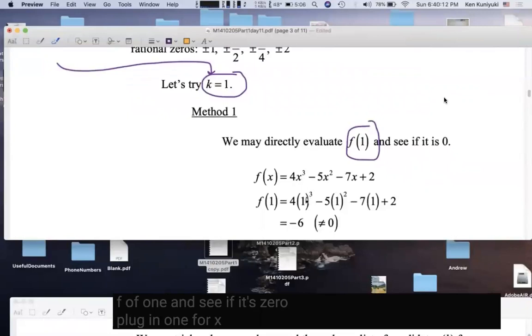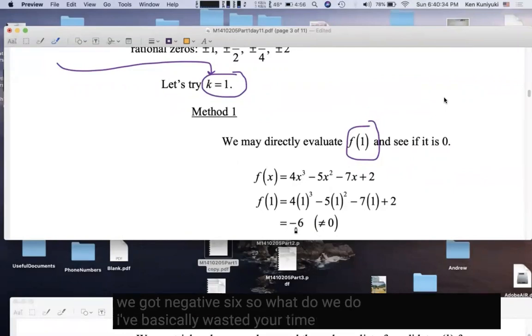Plug in 1 for x. Notice that we end up basically adding all the coefficients. We get 4 minus 5 minus 7 plus 2, which is -6. So f of 1 is -6. The key thing to observe is that we did not get 0. We got -6.